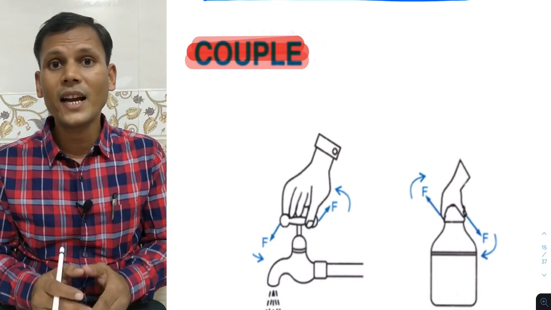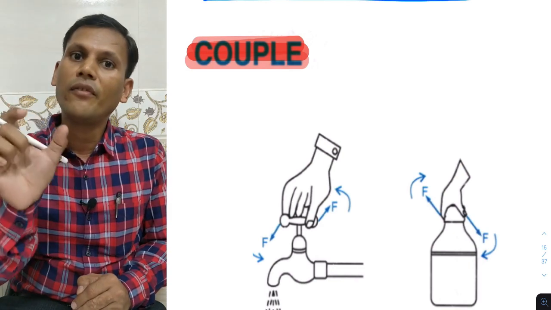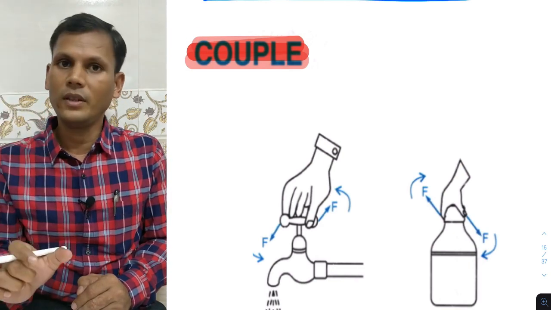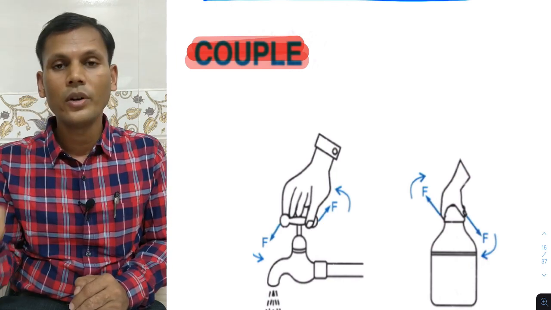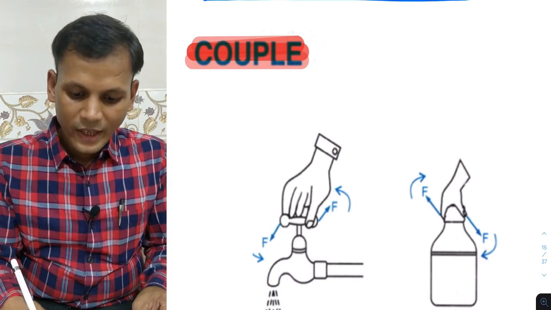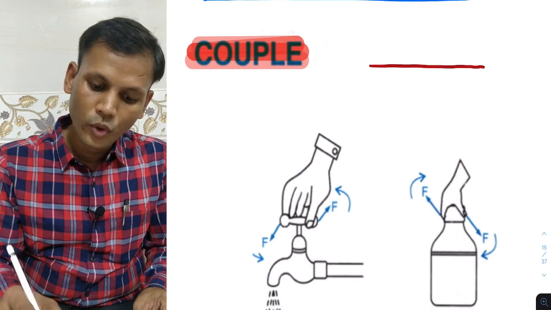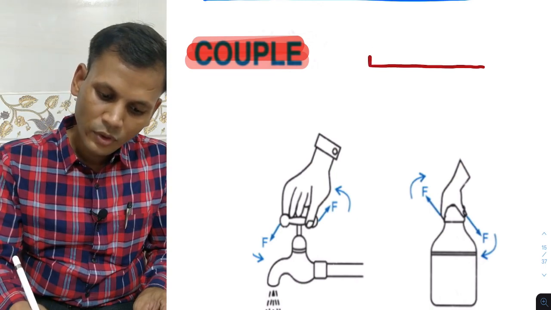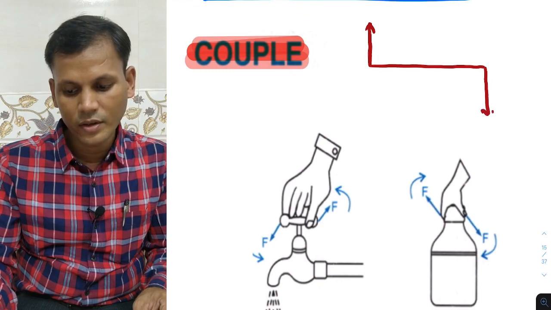If two forces are acting on a body but in opposite directions, that will form a couple. That is said to be a couple. So what is a couple in fact? We apply two forces on a body, one in this direction, another in this direction.